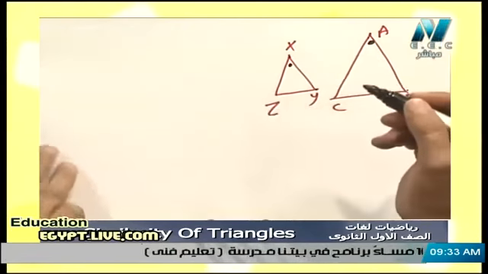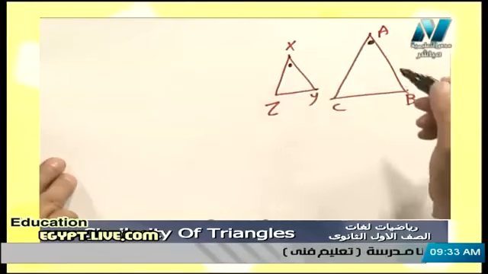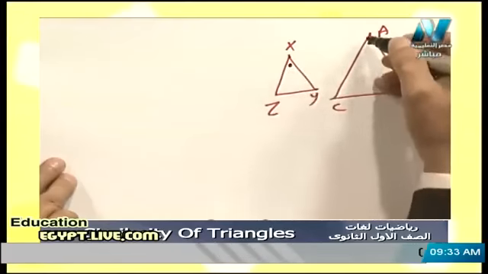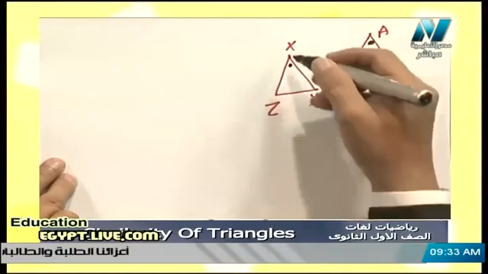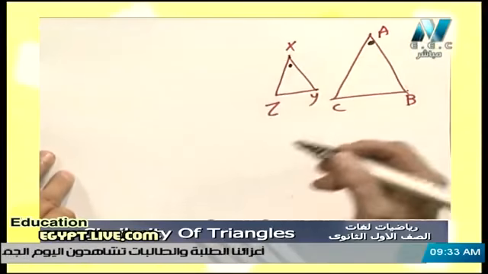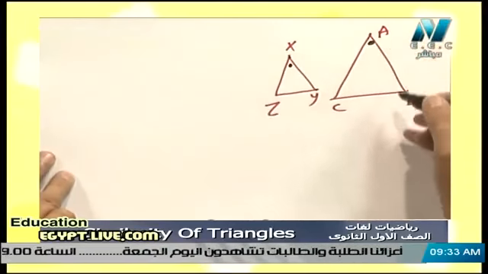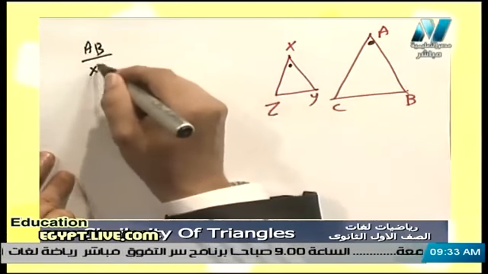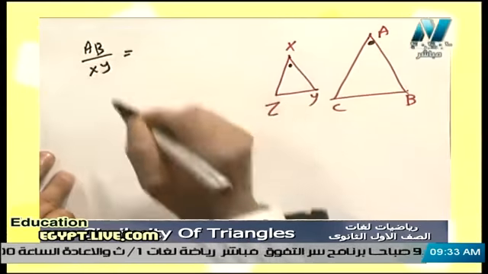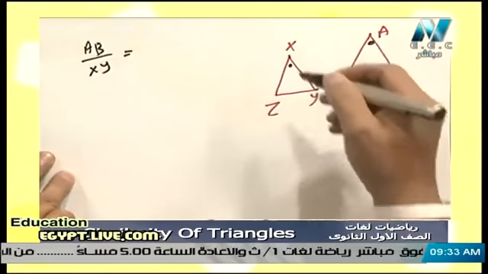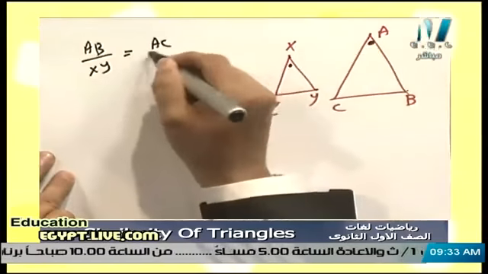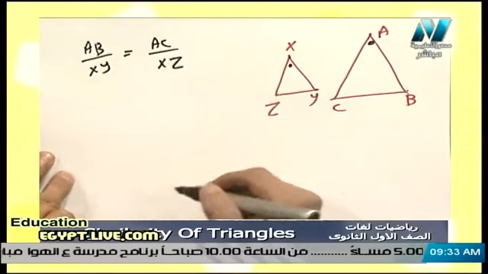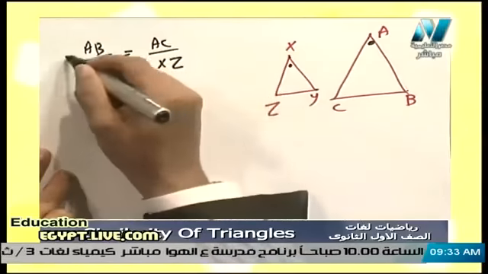If we have these two angles, and these two angles include between two sides, the two sides are proportional, then we can say that AB over XY equals AC over XZ. This is the first condition.